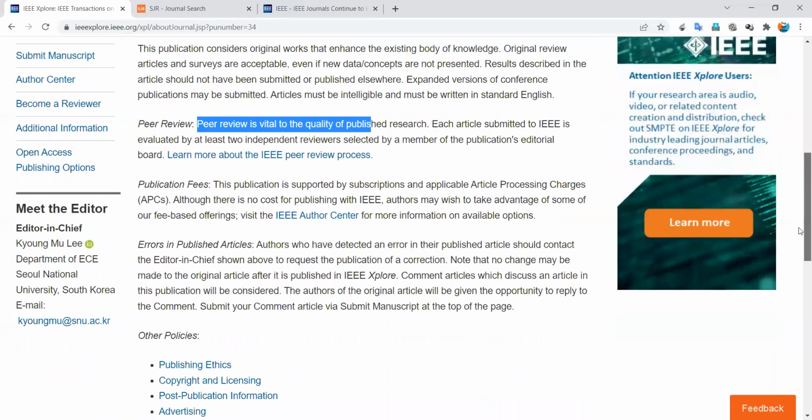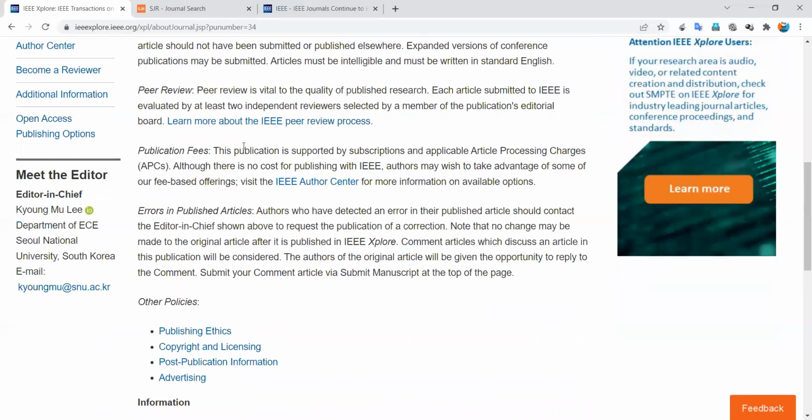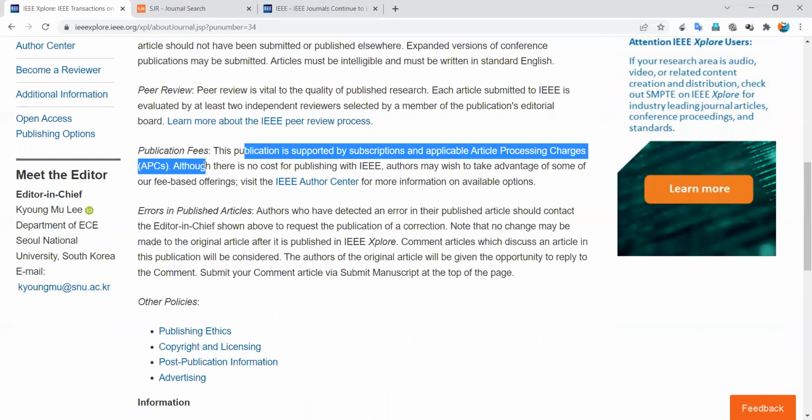Now coming down here, you can see the publication fee. The publication is supported by subscriptions and applicable article processing charges. Okay, so every journal has a particular length that is well defined in the guidelines, and if you see the author's guidelines, then you will see that a journal is accepting 8 pages or 10 pages manuscript, and if your manuscript is ranging beyond that, then you have to pay the extra page charges.